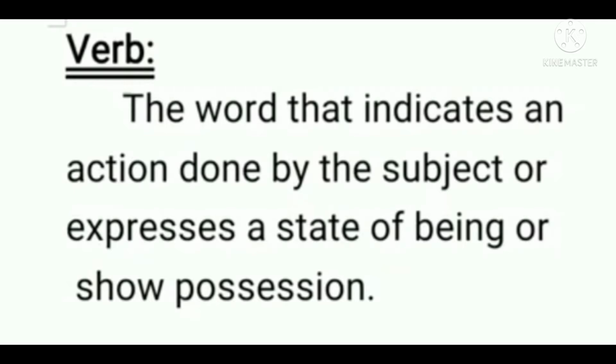The next component is the verb. The word that indicates an action done by the subject or expresses a state of being or shows possession represents the verb. So the verb is a type of action or it connects the subject to a specific state of being.